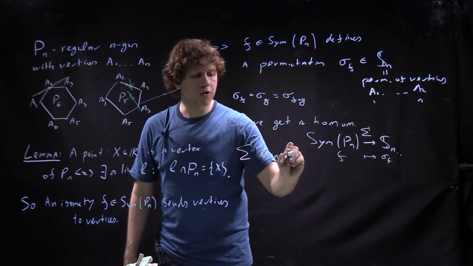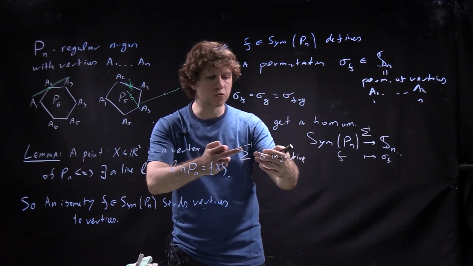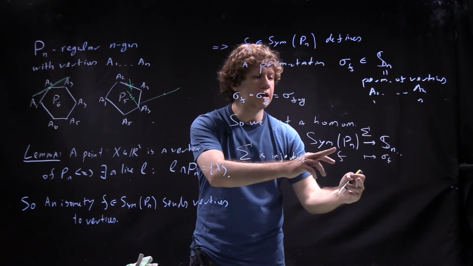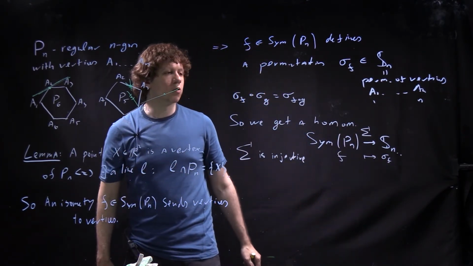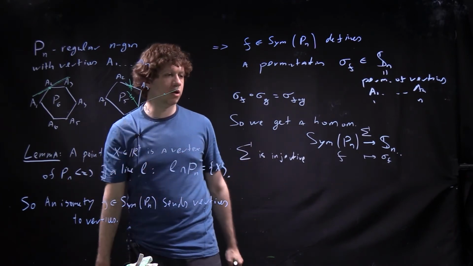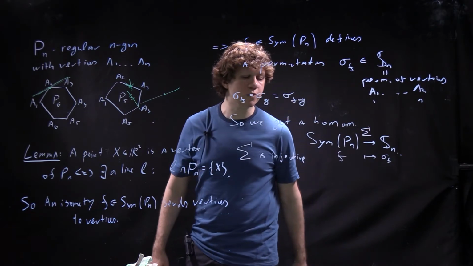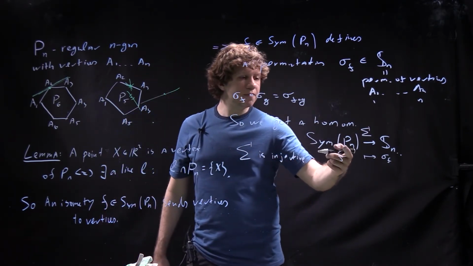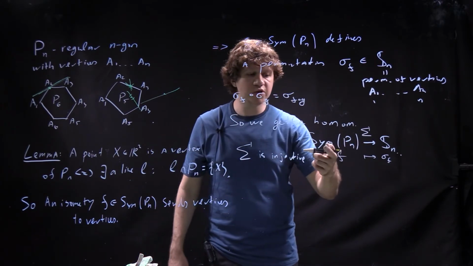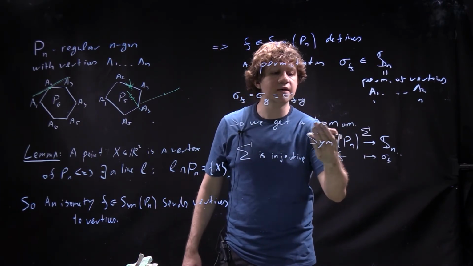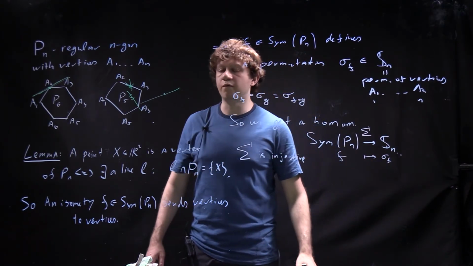And the reason is because, as we argued with the triangle, if two isometries do the same permutation of vertices, there are 3 points not on the same line which go to the same points, and so the corresponding isometries are equal. So it means that this map is injective. So basically, we can identify symmetries of Pn with corresponding permutations of vertices.